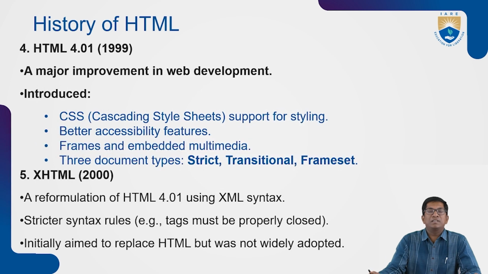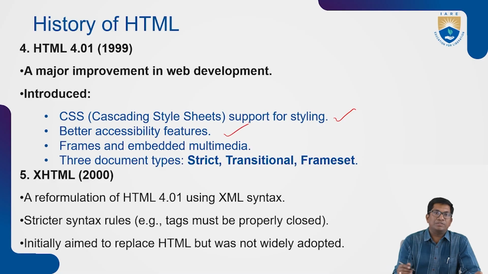The next version is HTML 4.01, a major improvement in web development. Along with the previous features, they added new features like CSS, Cascading Style Sheets, which add styles to your web page and change its appearance. It also had better accessibility features, frames and embedded multimedia, and three document types: strict, transitional, and frameset.